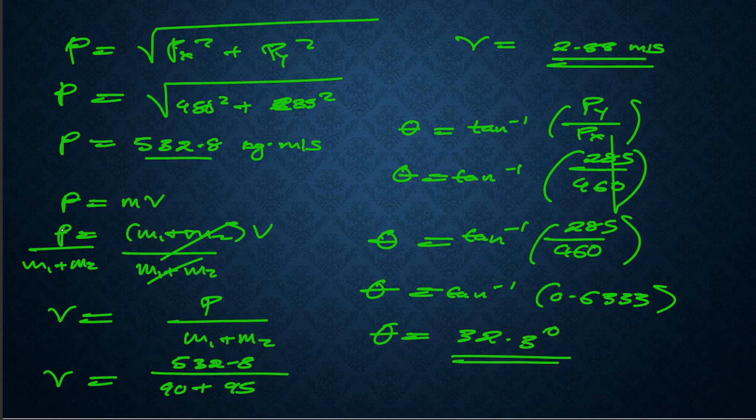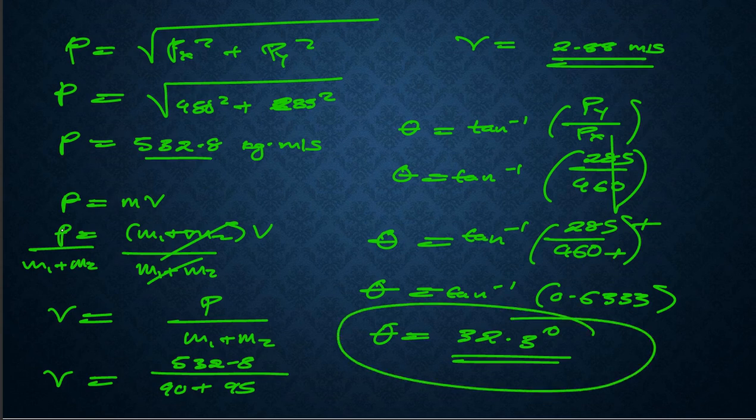This is our answer. We can't do any further calculation because the y component is positive and the x component is positive. So this is our angle theta, moving in the direction of north of east.